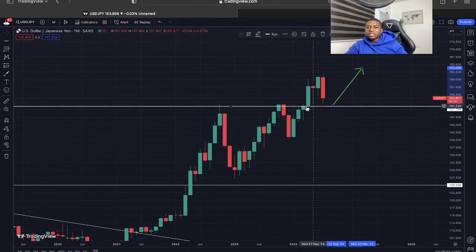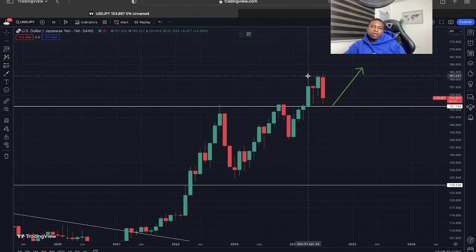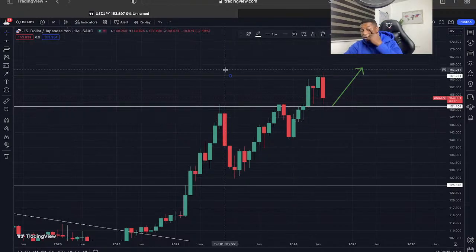It's still quite significant, acting as support and pushing price back up. So USDJPY is being pushed back a bit. This is a good spot to buy your way up, and your exit point would be this level. That will be your take profit level.